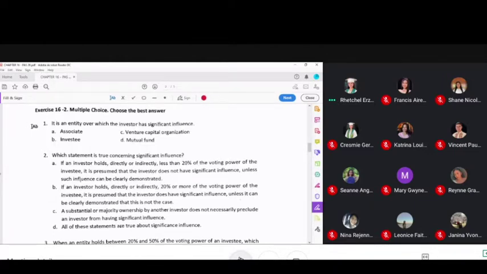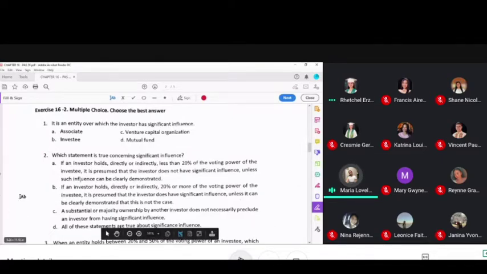Number 2. Which statement is true concerning significant influence? A. If an investor holds directly or indirectly less than 20% of the voting power of the investee, it is presumed that the investor does not have significant influence unless such influence can be clearly demonstrated.